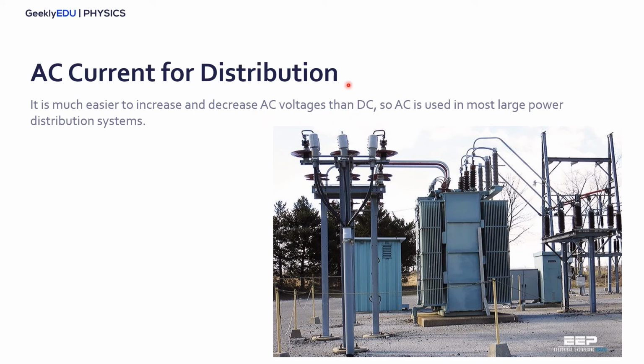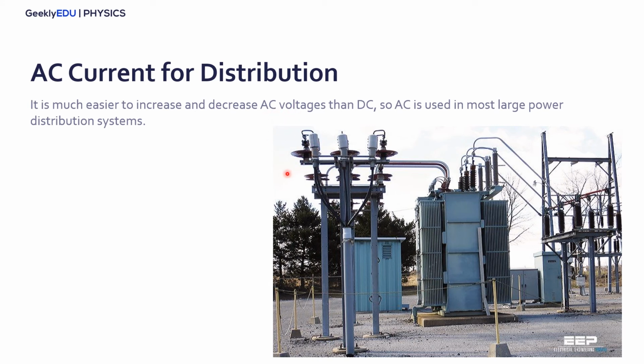So generally you use DC currents for transmitting energy, and AC circuits in order to distribute this electricity. The electricity we have in our houses is mostly all AC current.